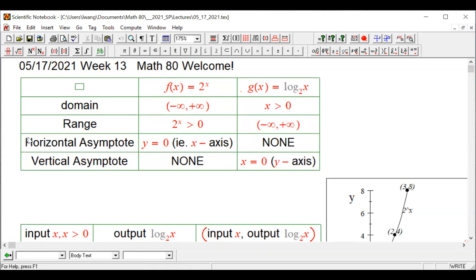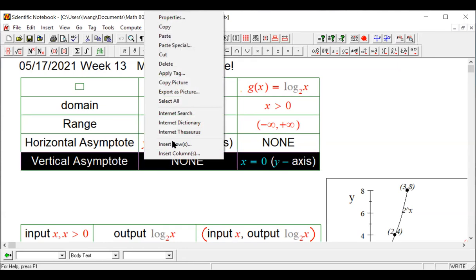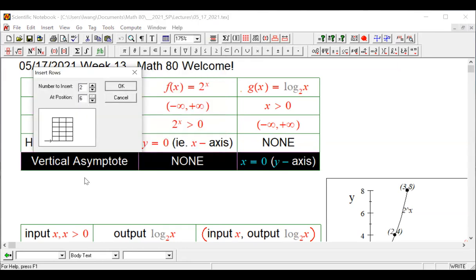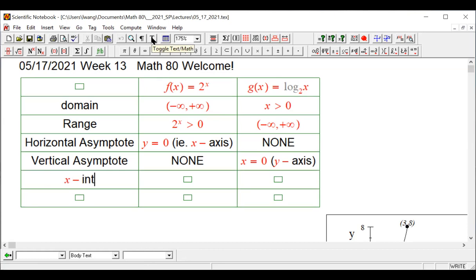Okay. And there are two other quantities we're going to discuss. One is the x-intercept, and the other one is the y-intercept.